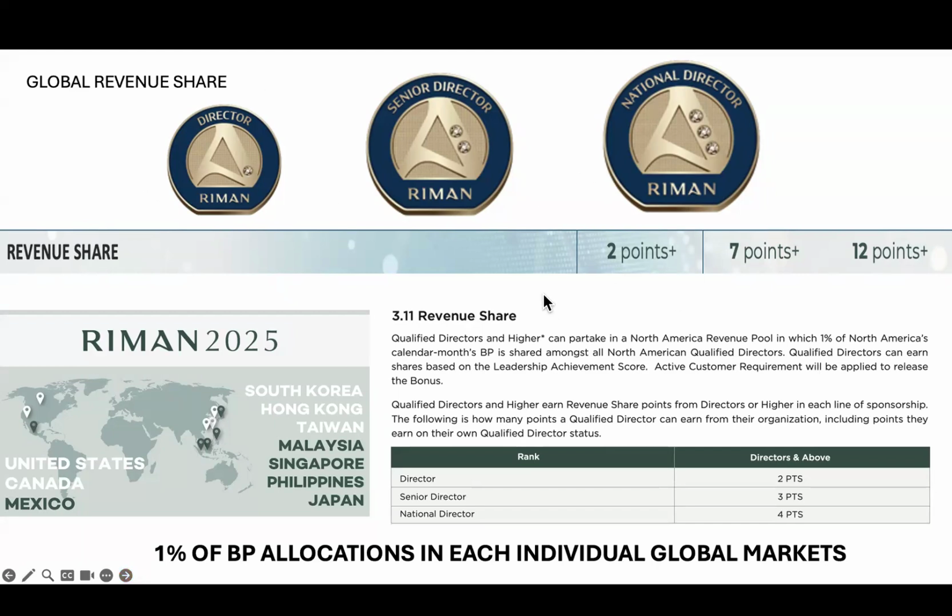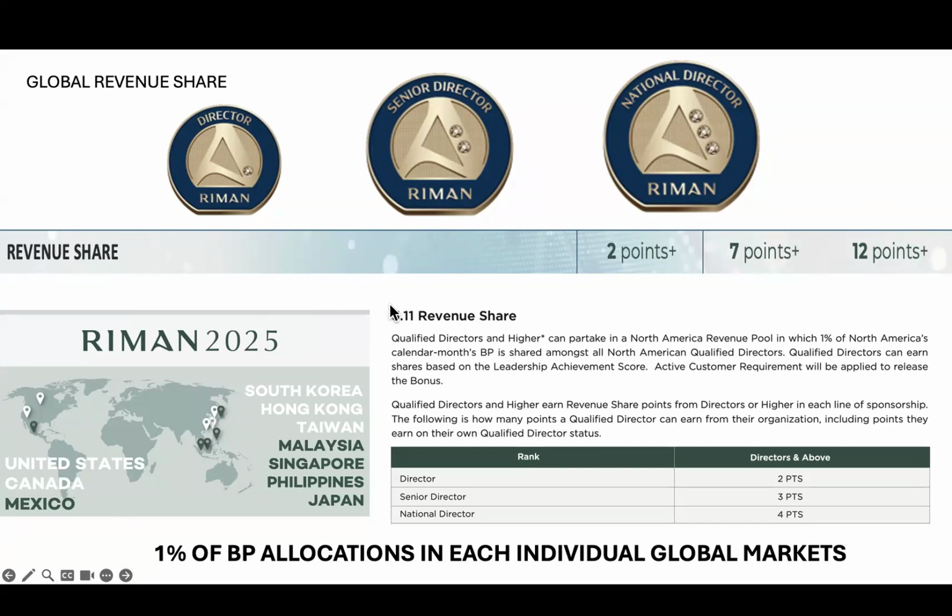The caveat is you don't get paid in every market just because of your rank. It's when you hit these ranks and you have a business or organization or a team running in these respective markets, whatever you generated in those markets, you're going to be allocated a certain amount of points, and based on those points, it'll be commissioned out. So when you hit director, senior director, national director, it gives you a chance to participate in all the markets that you build your team in.